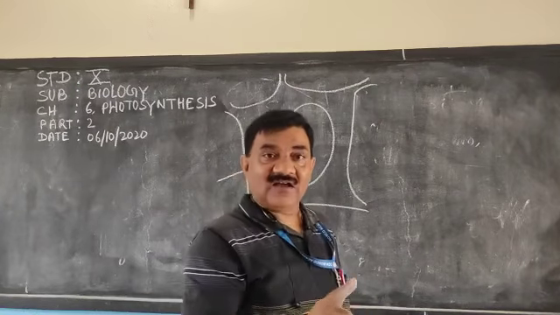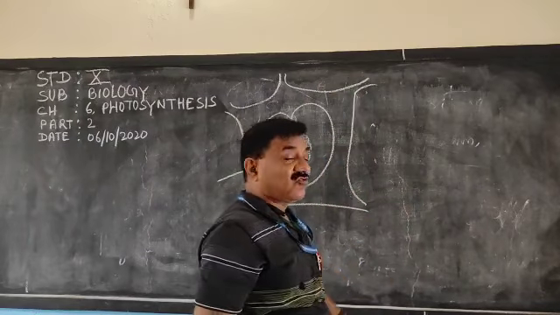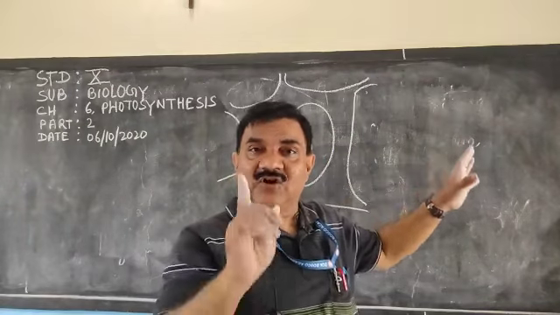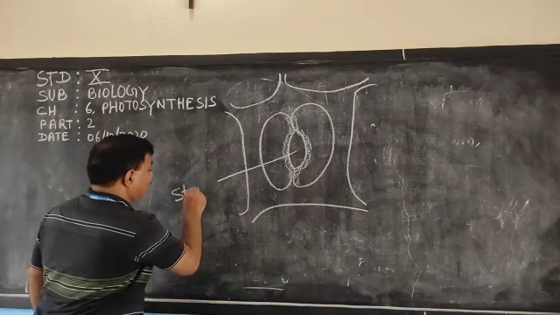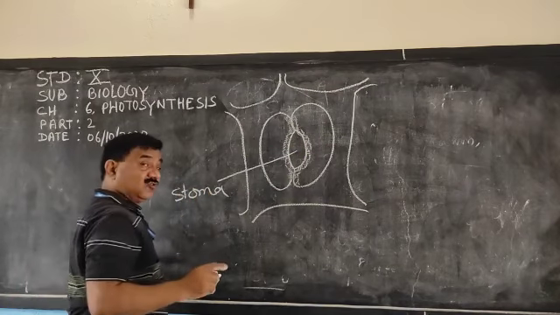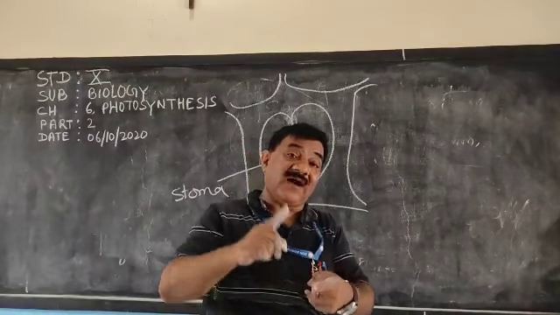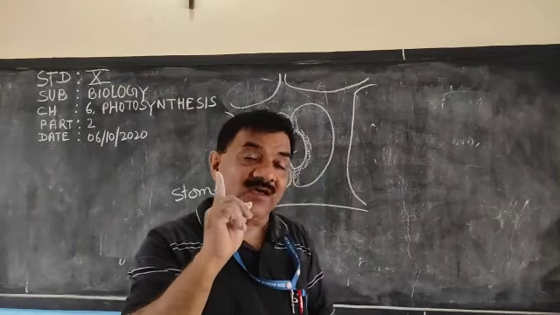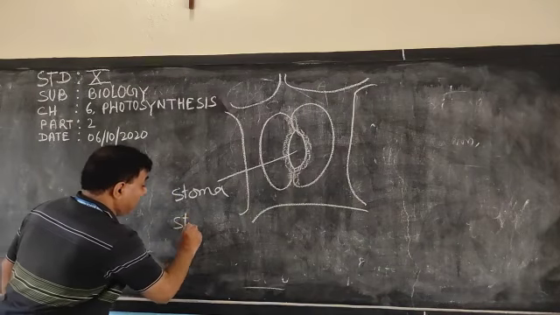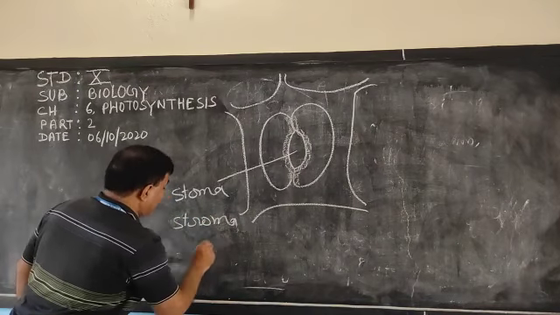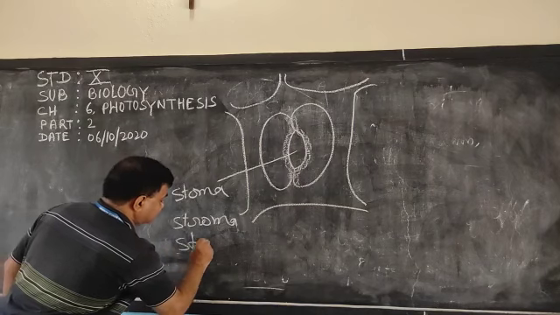stoma. The whole apparatus, the whole thing is called stomata, and this opening is called a stoma. So don't be confused between stoma, stomata and stroma. Three words: stoma, stroma and stomata.